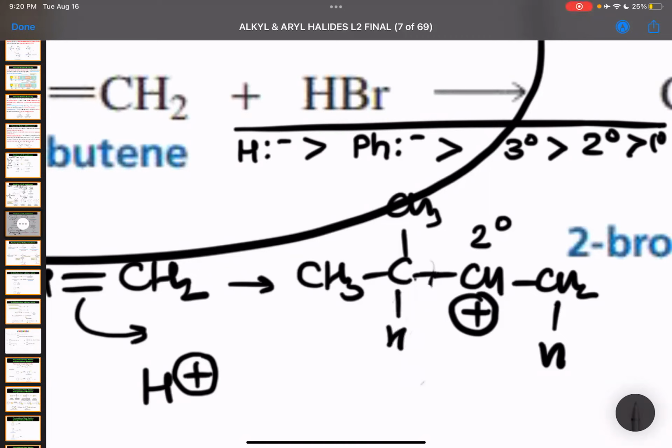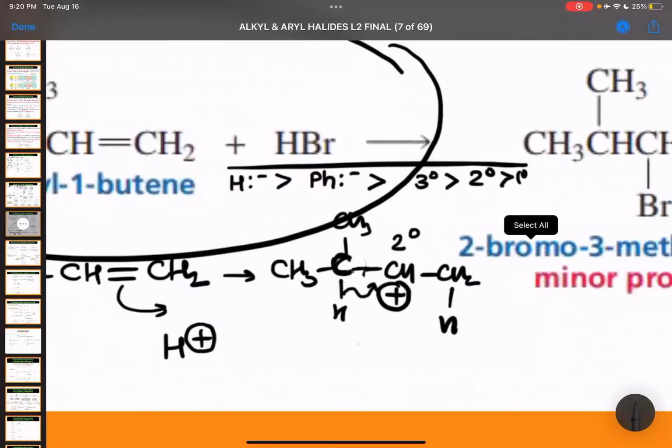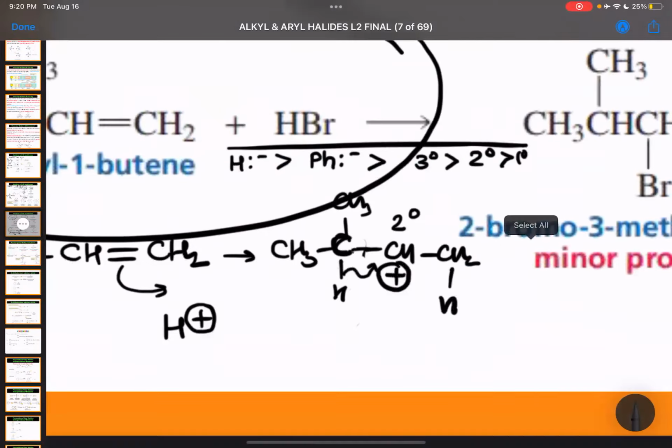You have 3 groups on the adjacent carbon. 2 of them are methyl, 1 is hydrogen. So out of methyl and hydrogen, hydrogen has more migration tendency. This is known as migratory aptitude. Okay, so this is the detailed discussion. So you need to shift this H along with the electron pair to that carbocation.